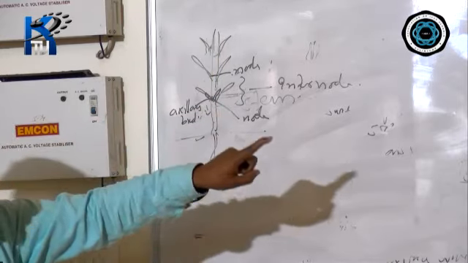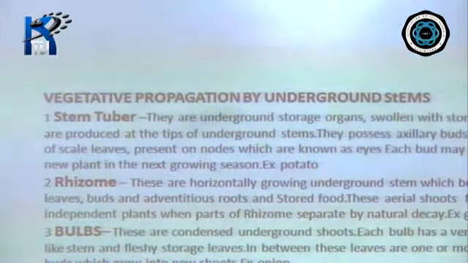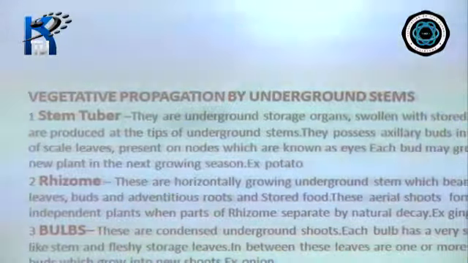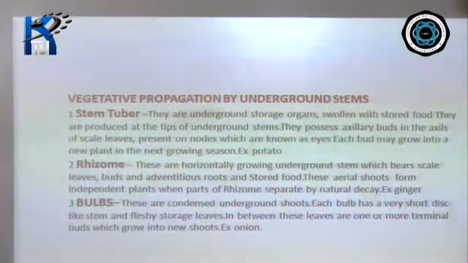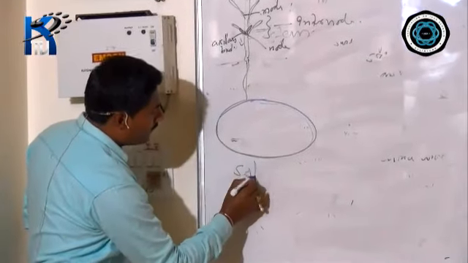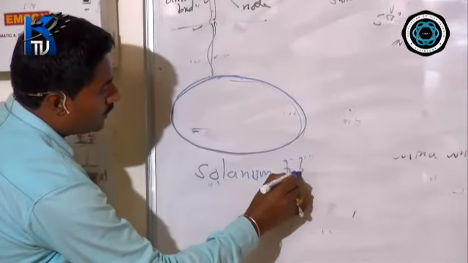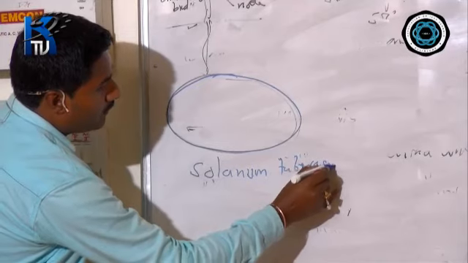But here, when it is vegetative propagation by underground stem, that means first of all we will take our stem tuber, that means potato. Okay, potato, when I take the plant Solanum tuberosum.